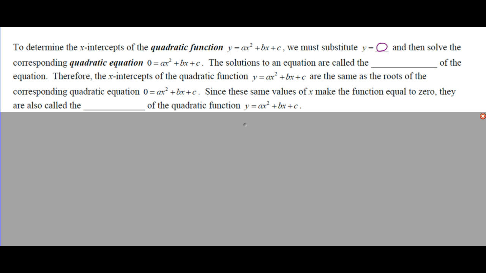There may be no solution, right? We know that if this thing opens up and its vertex is above the x-axis, there will be no solution to that equation, right? There's no value of x that can make it 0. The solutions to an equation are called the roots of the equation.